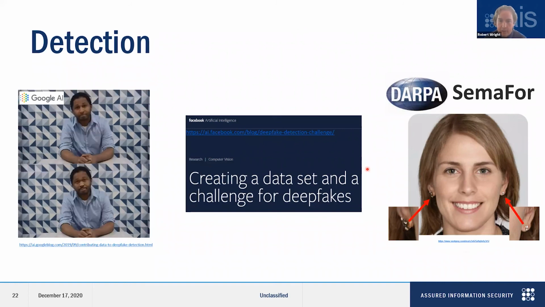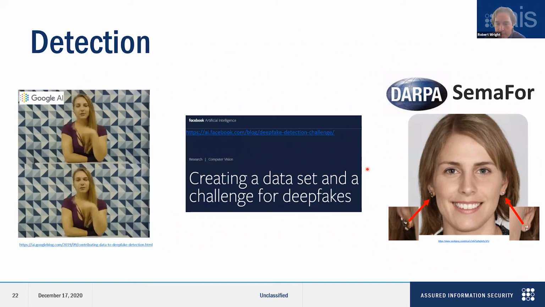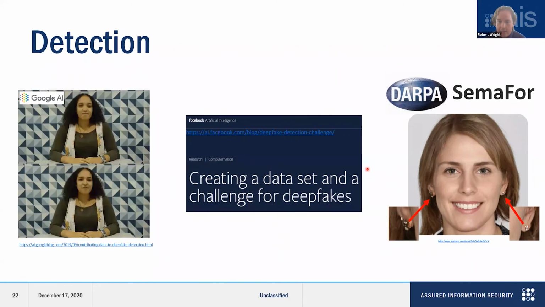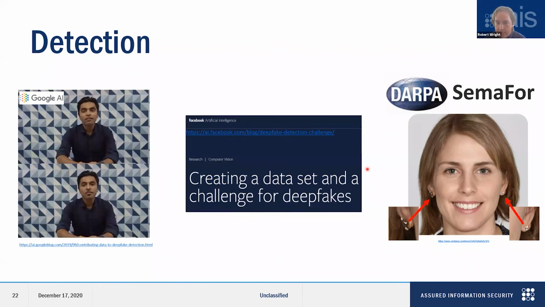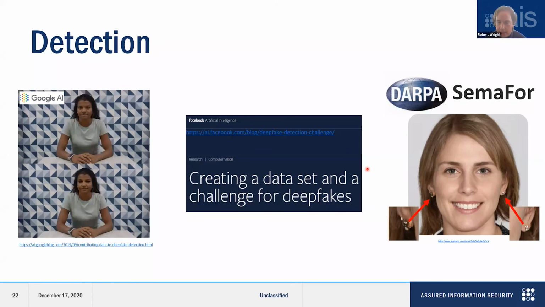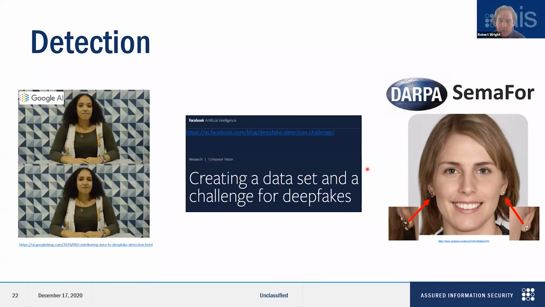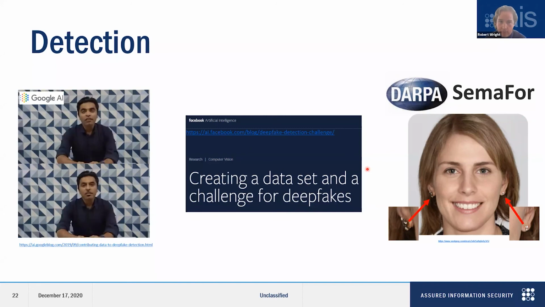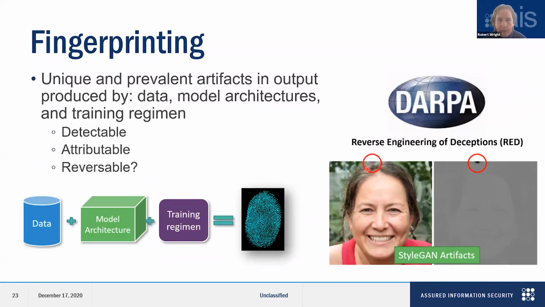So unless the detection systems are kept completely secret and there are no outputs from it, it's unlikely that a generator couldn't be engineered to surpass those things. So that's a caveat with going that route.